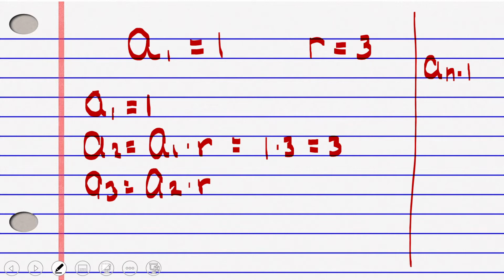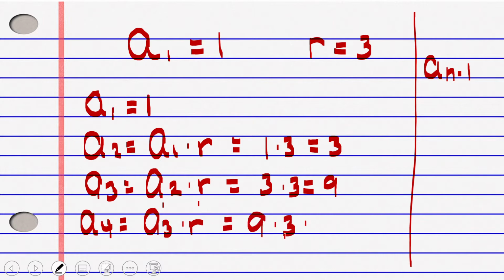So a subscript 2 times r equals 3 times 3. That would be 9. A subscript 4 is a subscript 3 times r, and that is 9 times 3, which equals 27. And then a subscript 5 is a subscript 4 times r, which is 27 times 3.